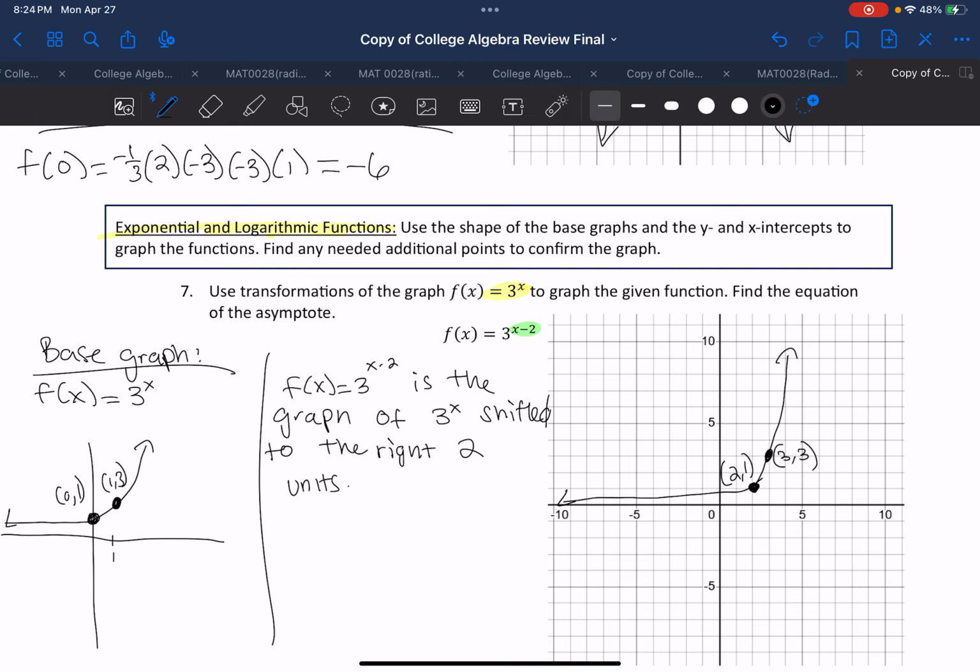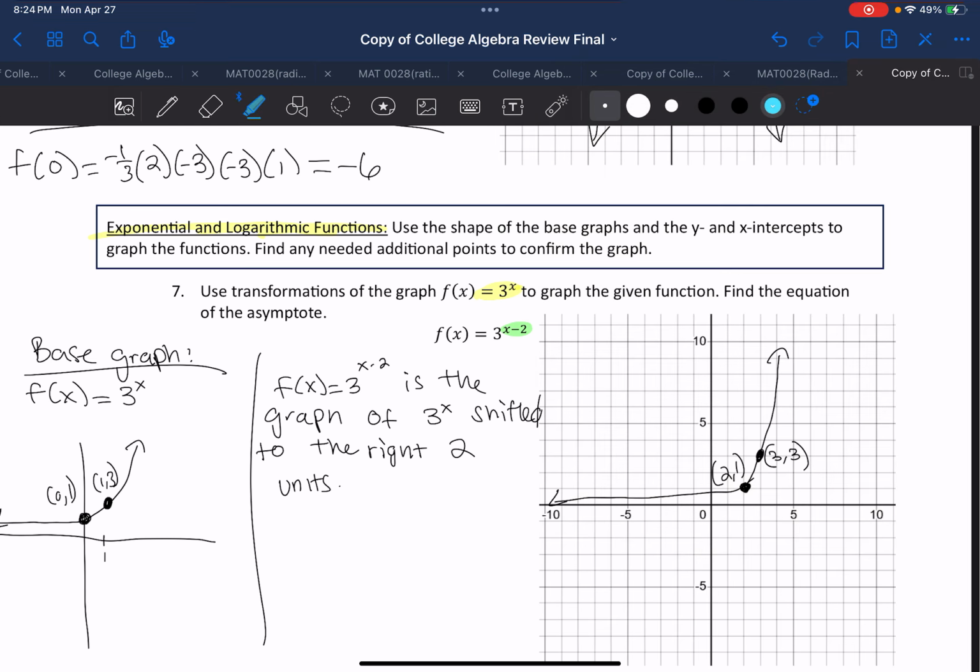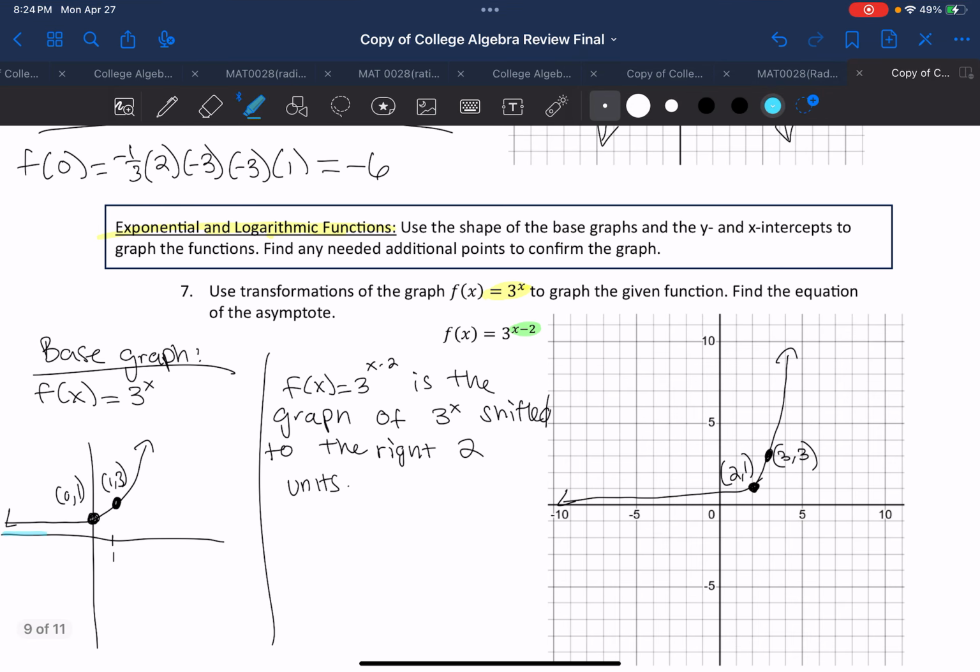And then it wanted me to figure out the equation of the asymptote. So remember, these base exponential graphs always have the horizontal asymptote of y equals 0. So we didn't move this function up or down at all, so the horizontal asymptote will still be y equals 0.